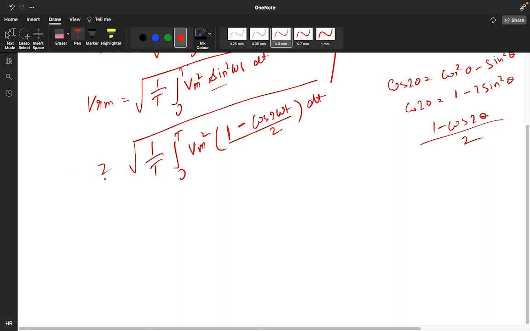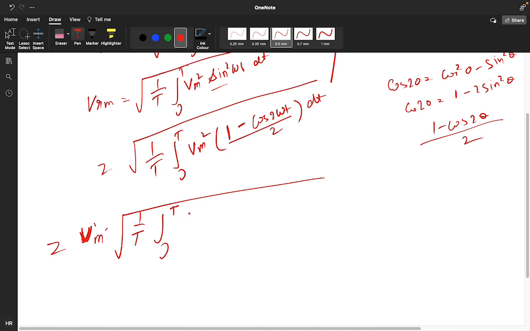Okay guys, Vm is a constant parameter, so take it outside. This is 1 by T, integral 0 to T. What is the integration of this?